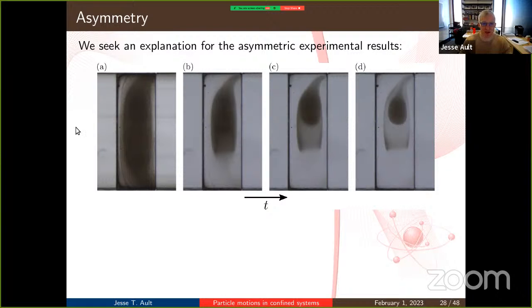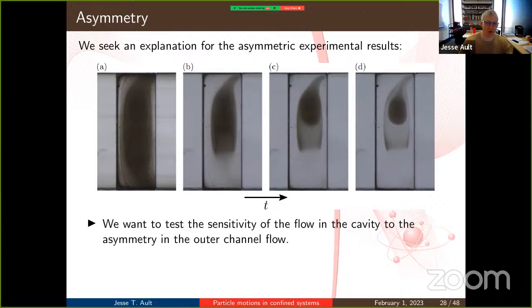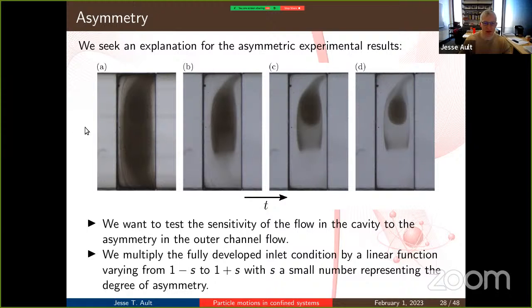Or is this just an issue with the experiments, where there's some kind of minor asymmetry in the experimental setup, and the flow happens to be quite sensitive to those asymmetries? So we wanted to test the sensitivity of the flow in the cavity to this asymmetry in the outer channel flow.